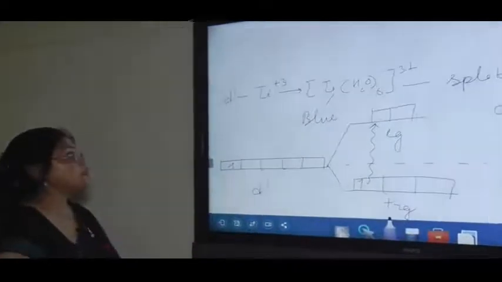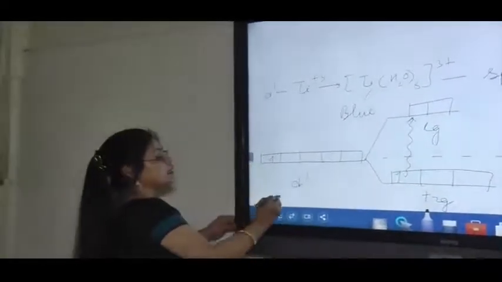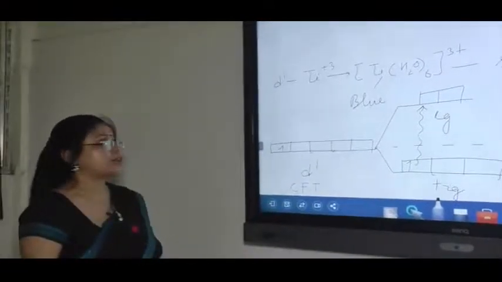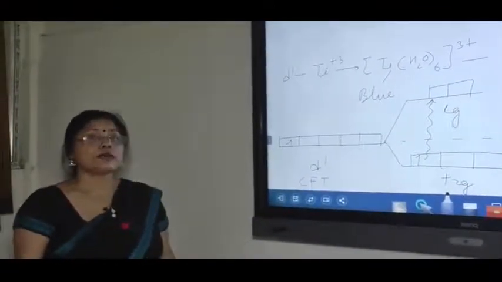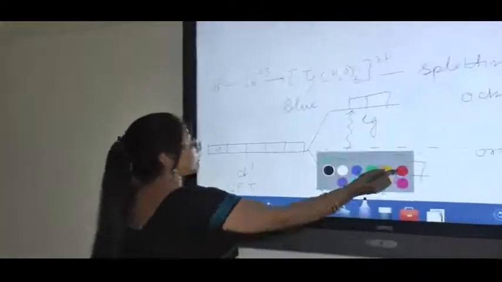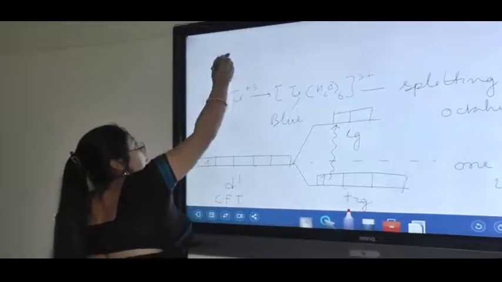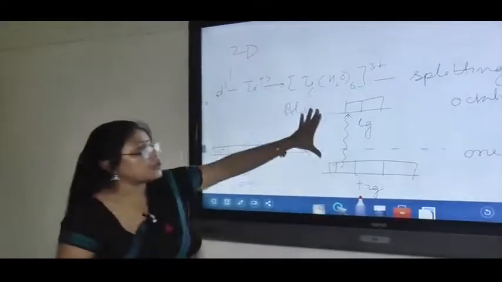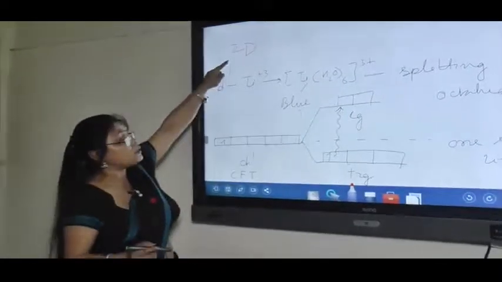Now, the point is that this is the crystal field theory explanation of the spectral line. What about the term symbol? This d1 gives us the term 2D. The electronic configuration undergoes splitting. What about the term?